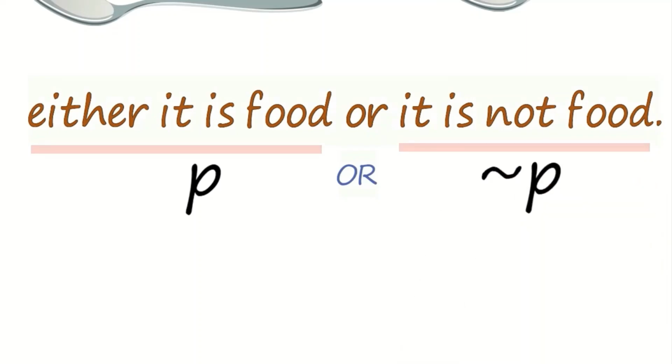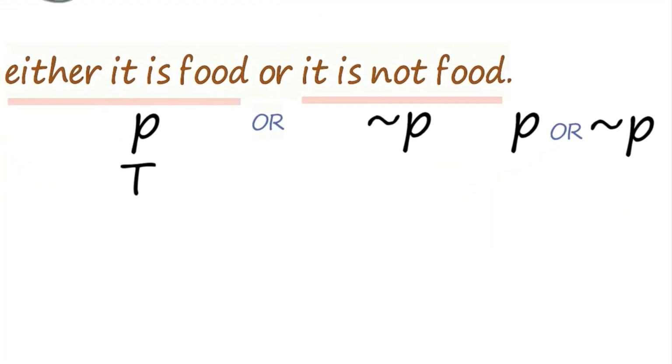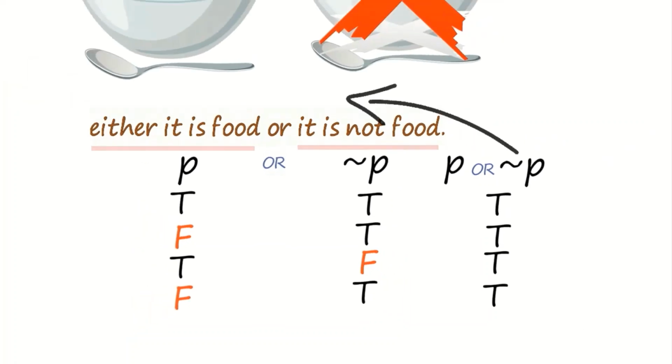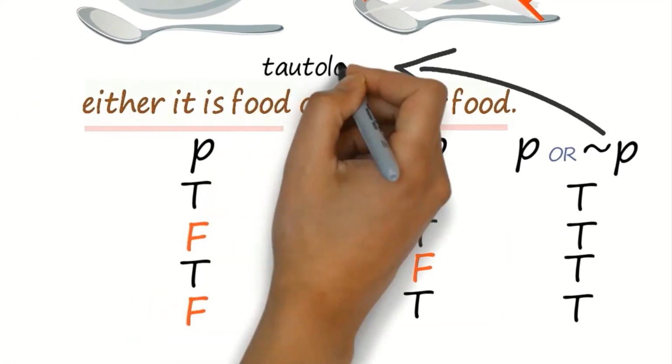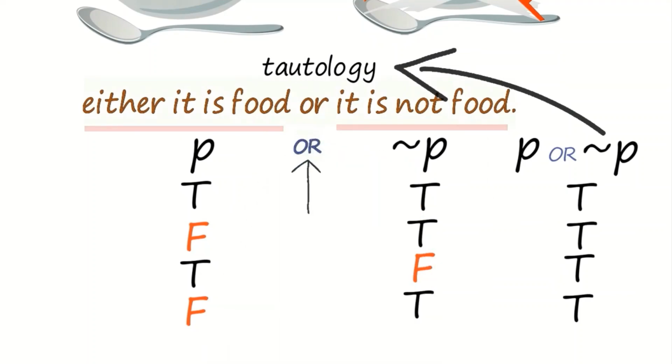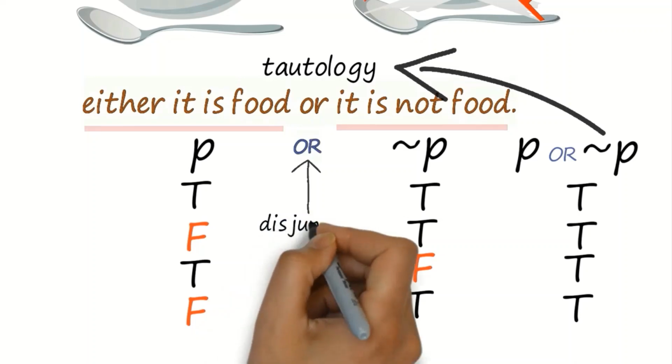Therefore, it is written as not P. Hence, all possible combinations of the truth table are depicted one by one. See all the combinations. The result for each combination is true. Therefore, it is a tautology, and or is a disjunction, known as a connective.